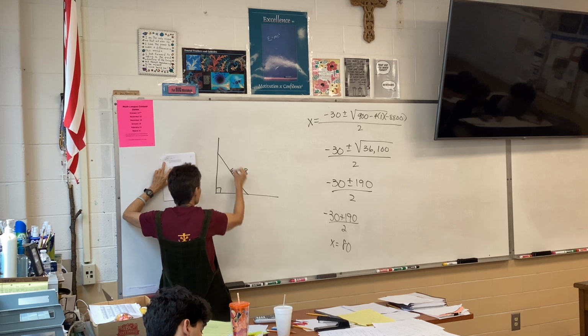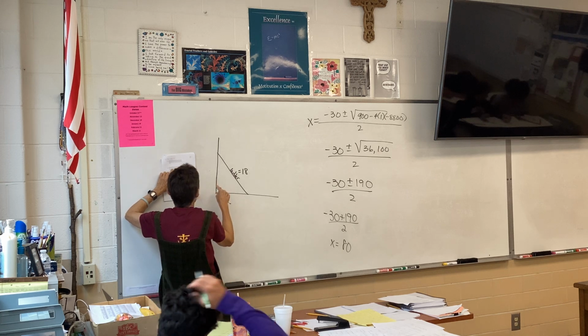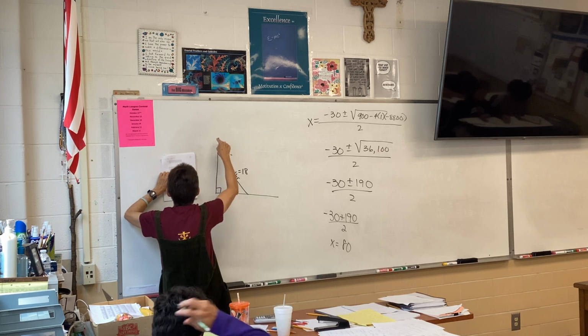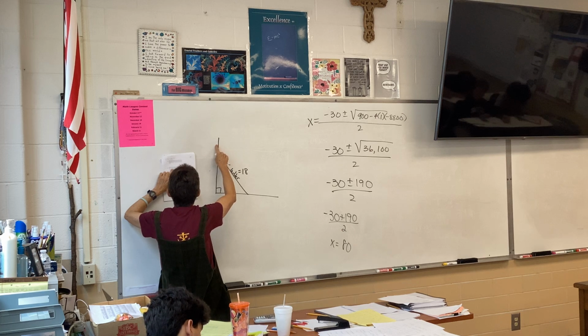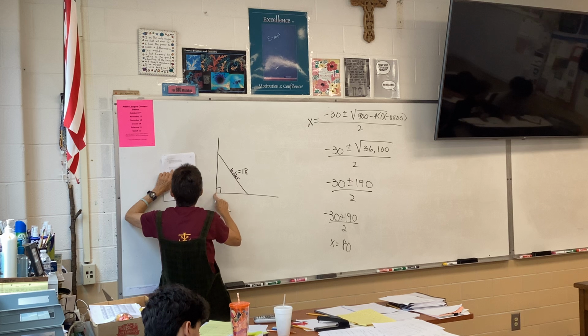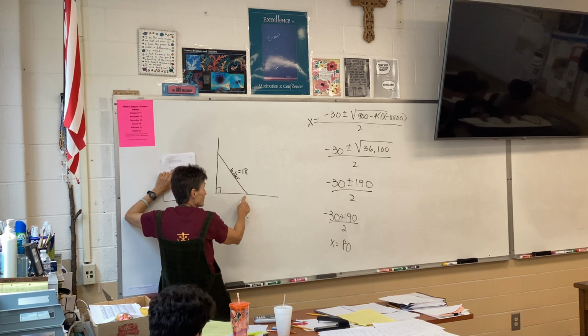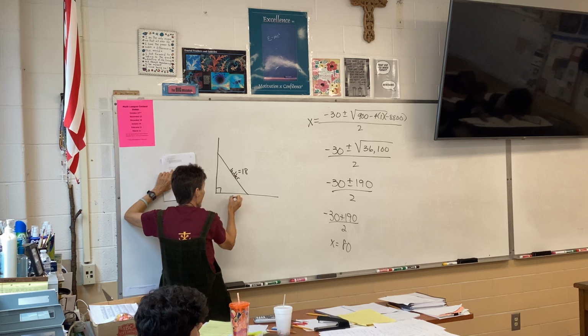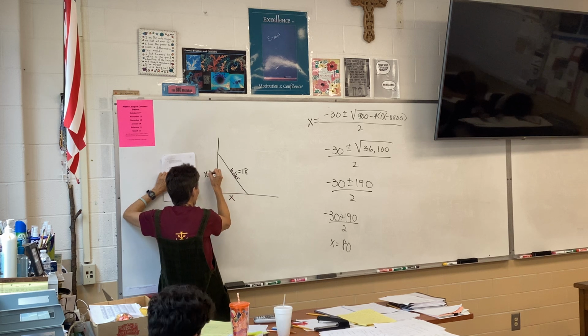So this is 18. And the distance from the ground to the top of the ladder is 5 feet more than the distance from the building to the base of the ladder. So x, and x plus 5.